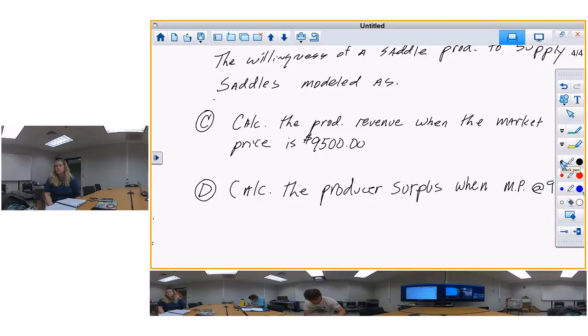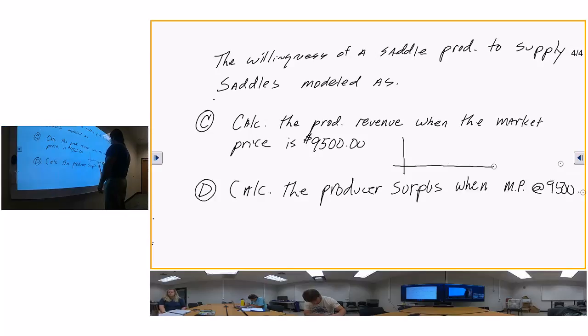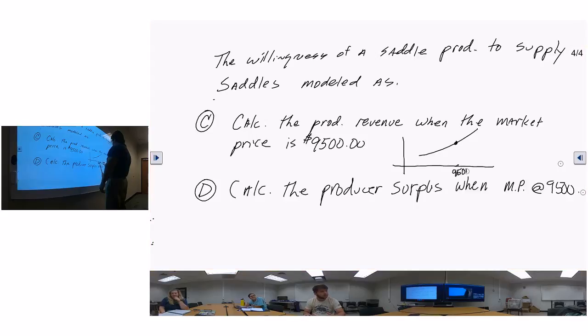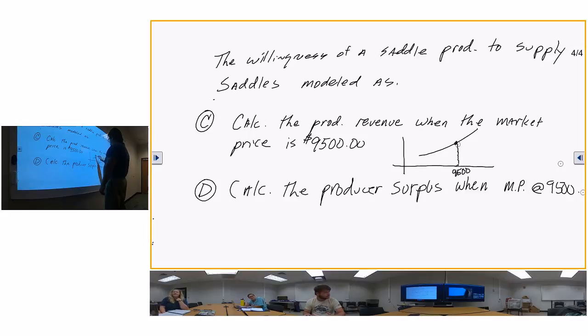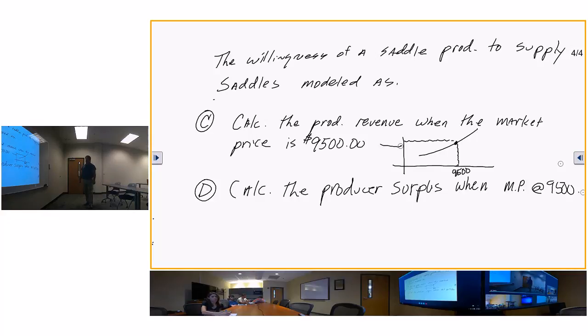So we're looking like 9,500 is right here, and we need this number right here. So when you set the price equal to 9,500, plug that in for P, what do we get?